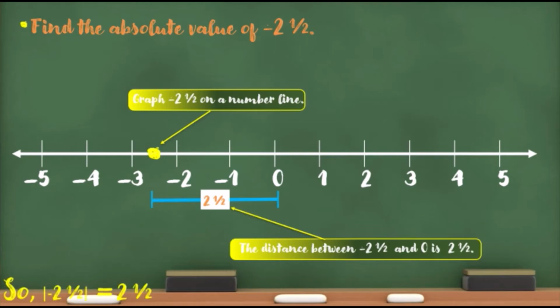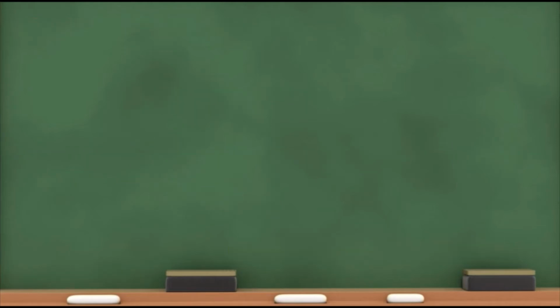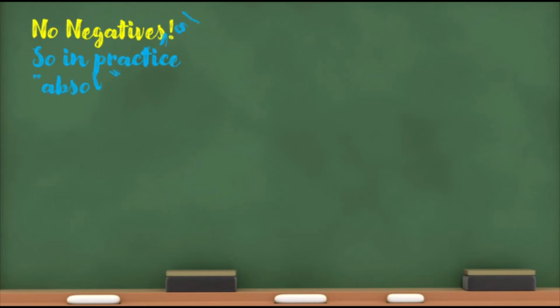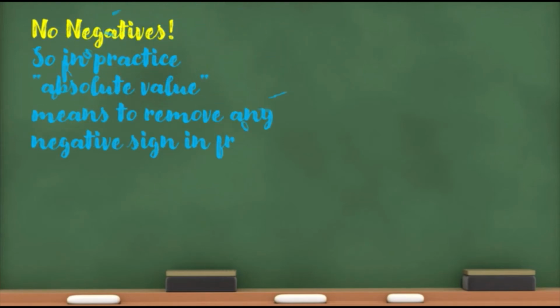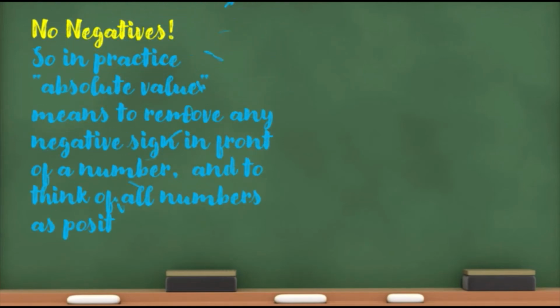So, the absolute value of -2½ is equal to 2½. Remember, no negatives. So, in practice, absolute value means to remove any negative sign in front of a number and to think of all numbers as positive or 0.